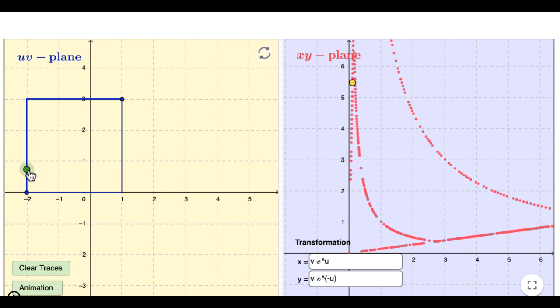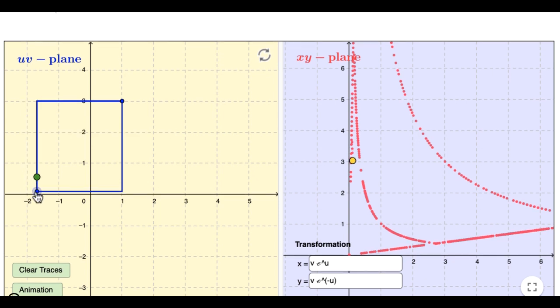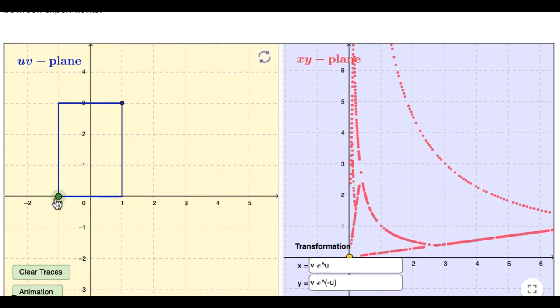This one is very vertical, so if you want one that's less vertical, you can just move this around a little bit, and then you get another different straight line through the origin.